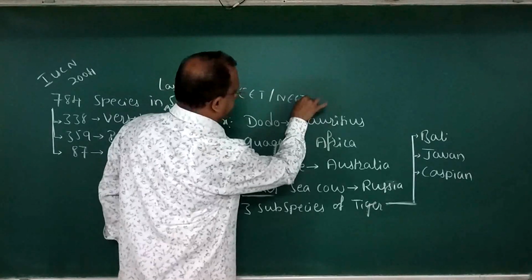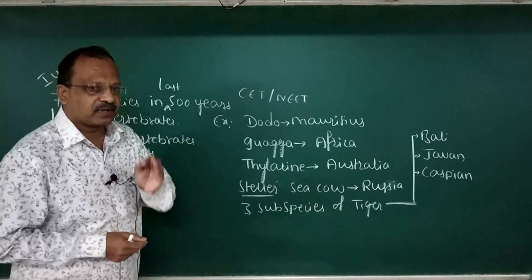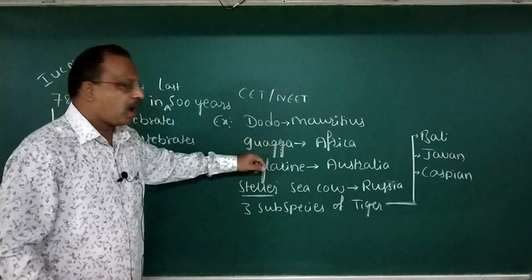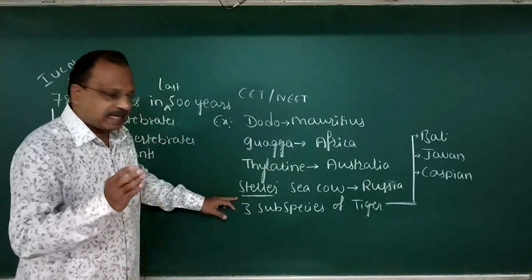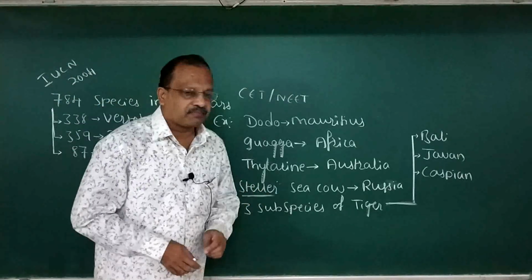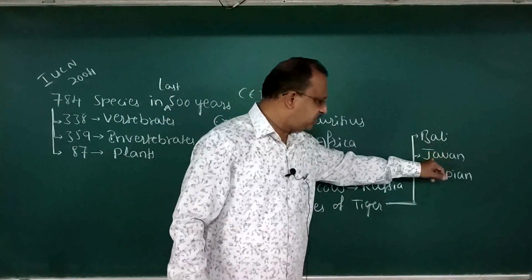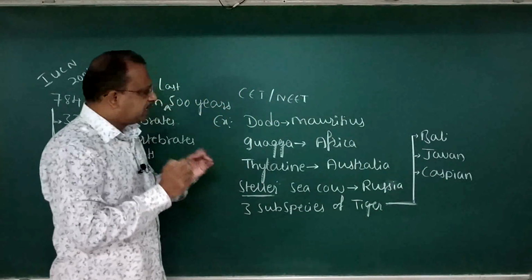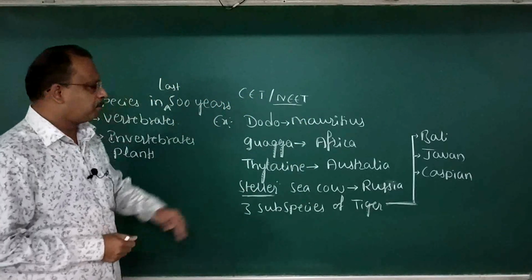So dear students, you have to take care of these examples: dodo of Mauritius, quagga of Africa, thylacine of Australia, Steller's sea cow of Russia, and even 3 subspecies of tigers are extinct, namely Bali, Javan and Caspian. For NEET or KCET purposes, you have to take care of these examples.